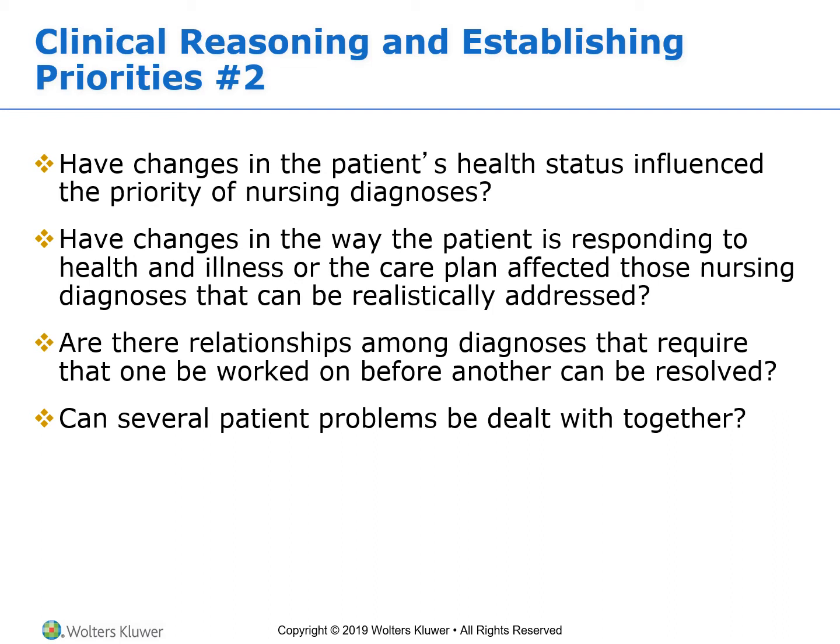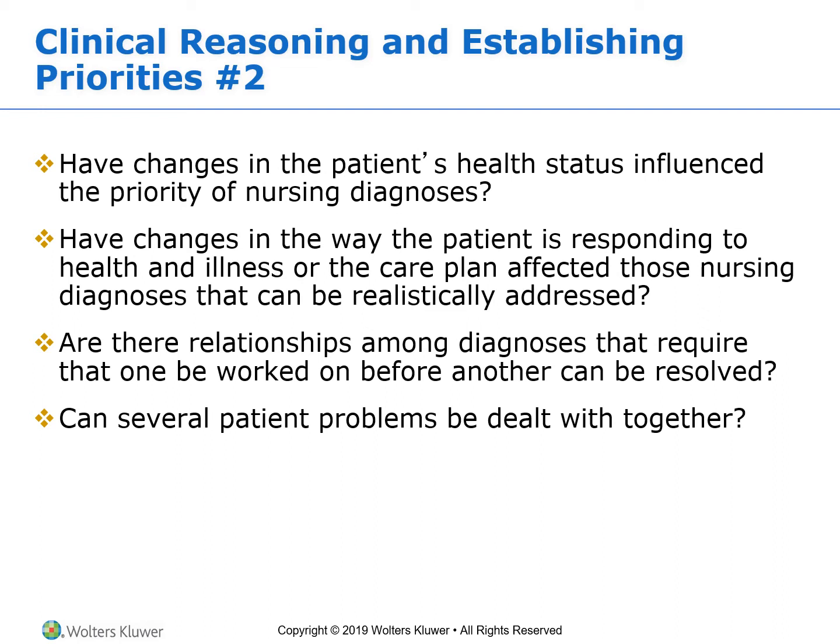And you can make those goals a little more specific just by saying, within 8 hours, the patient will report that the pain level is less than a 4. And that gives it a little bit more specific and measurable outcome.